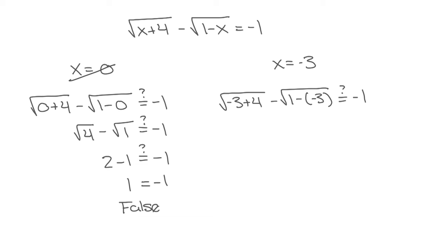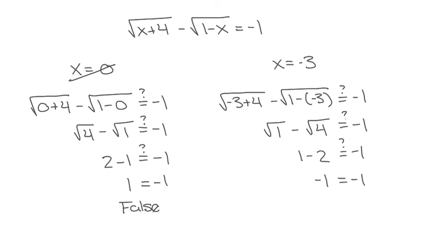The square root of -3 plus 4 is the square root of 1, minus the square root of 1 minus -3 is minus the square root of 4. And the right side is still -1. The square root of 1 is 1. The square root of 4 is 2. And so we have 1 minus 2 on the left side and -1 on the right side. 1 minus 2 is -1.